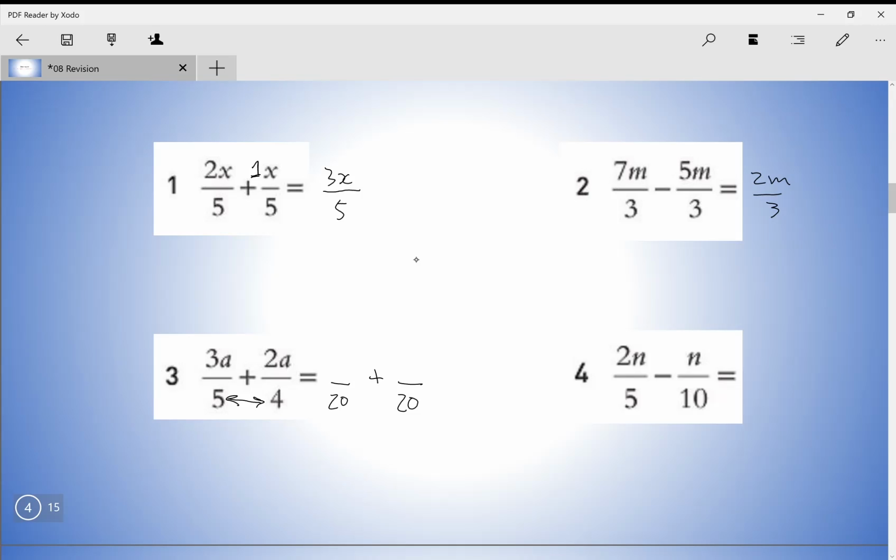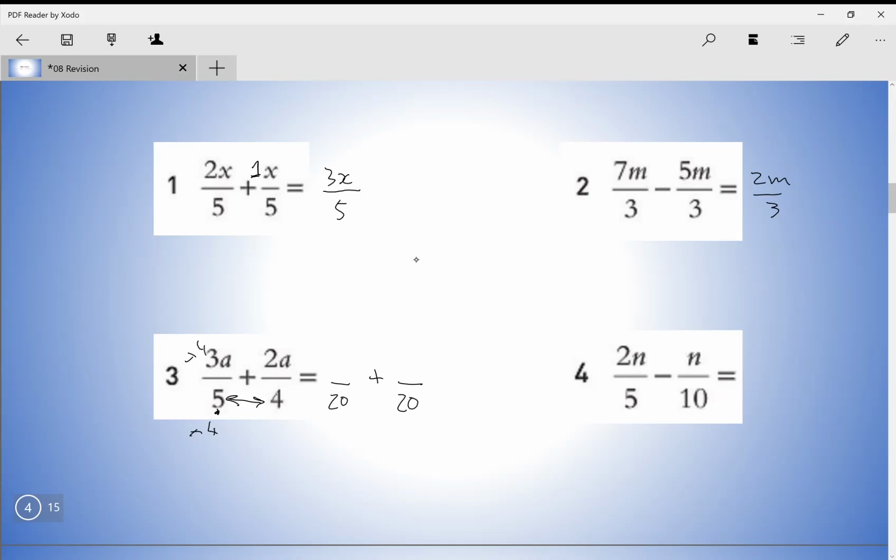So we're going to choose that as our common denominator. Now, what we have to do to each of these fractions is we have to do the same thing to the top that we've done to the bottom to keep the value of the fraction the same. So because we multiplied our 5 here by 4, we have to multiply our top by 4.